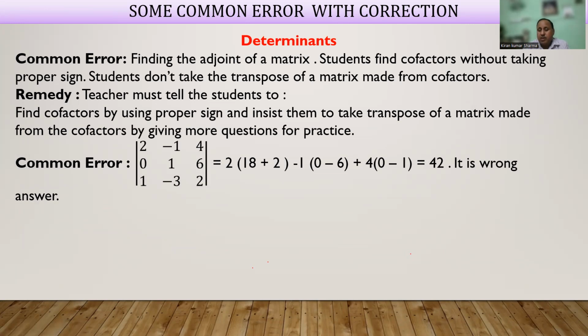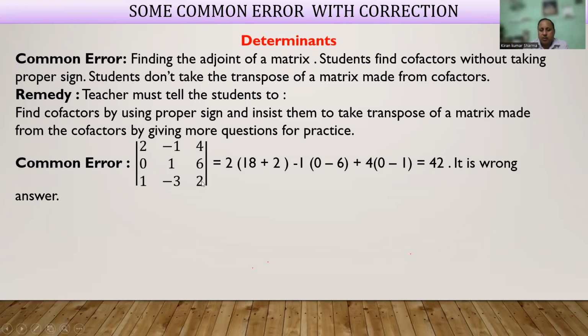Again, sometimes there are simple errors in finding the determinant. What students generally do is expand the determinant using the first row: 2 into, simply, 6, 3 times 6 is 18, plus 2. So you can see the error here.